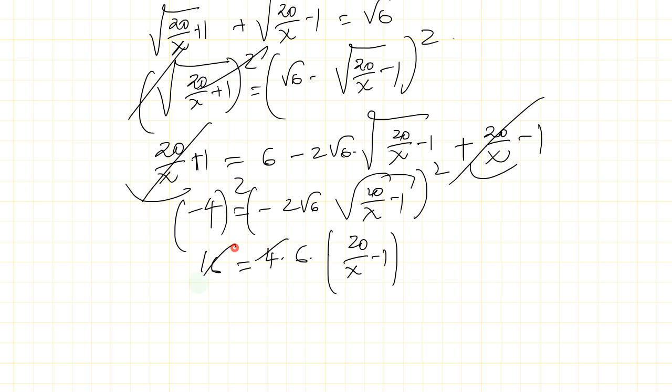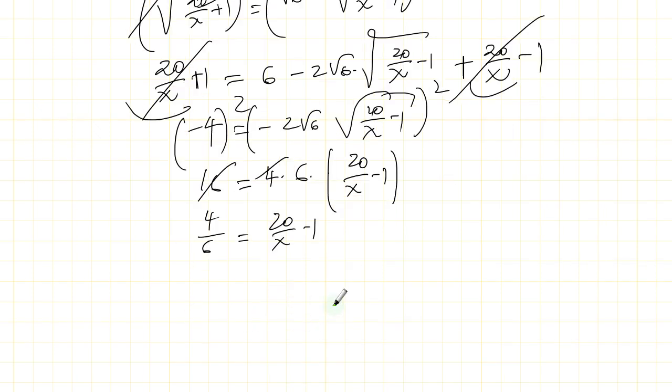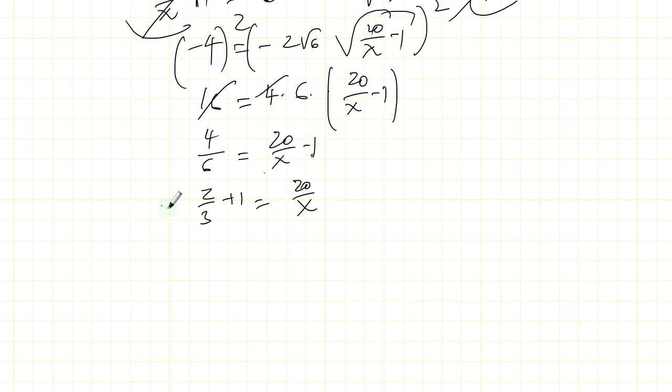Simplifying, we have 4 over 6, which is 2 over 3, plus 1 equals 20 over x, and then this x comes multiplying here.